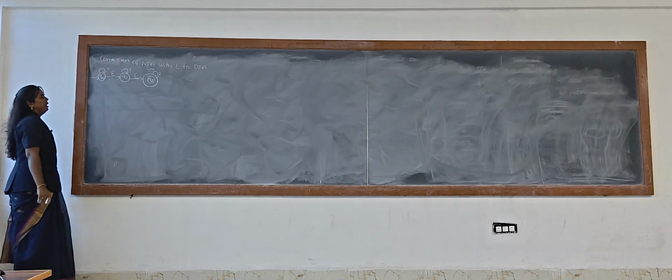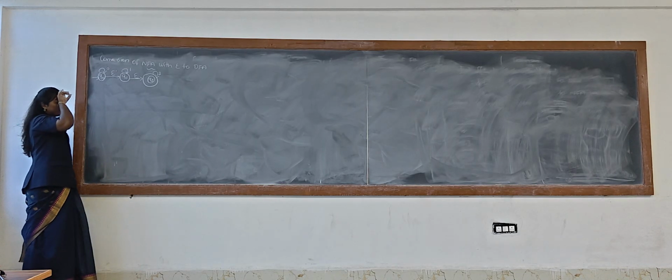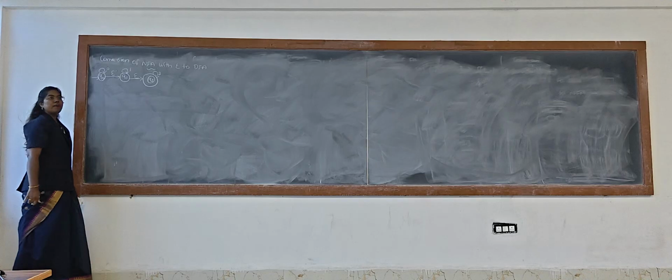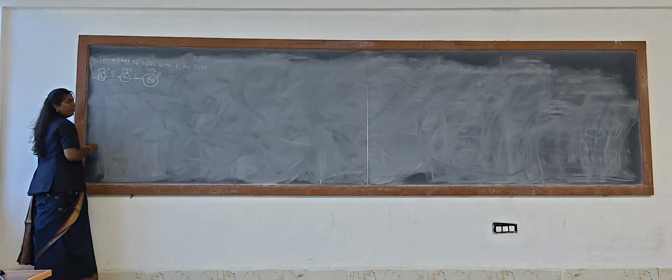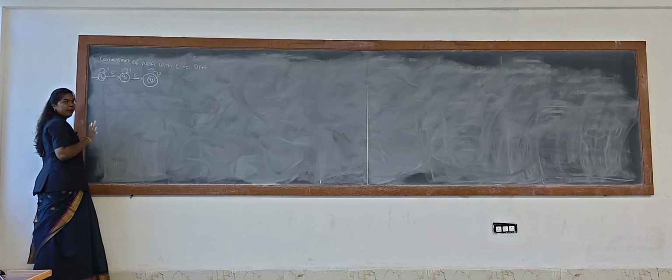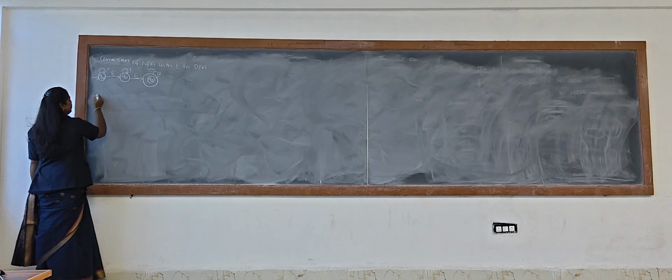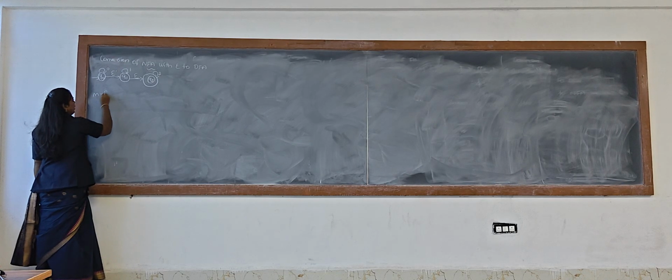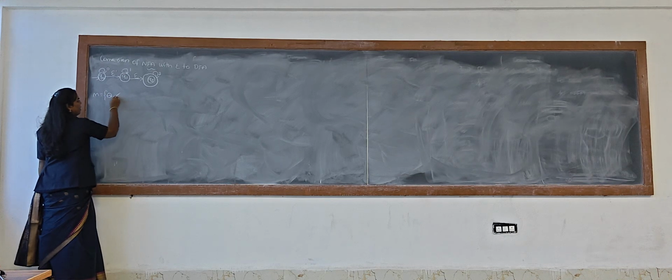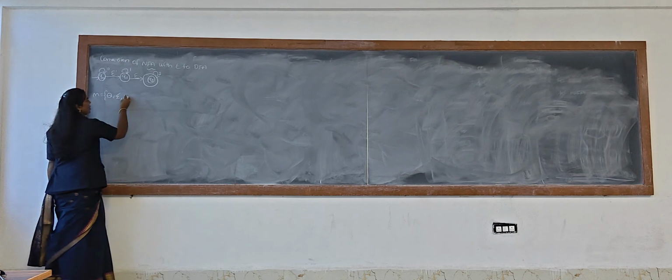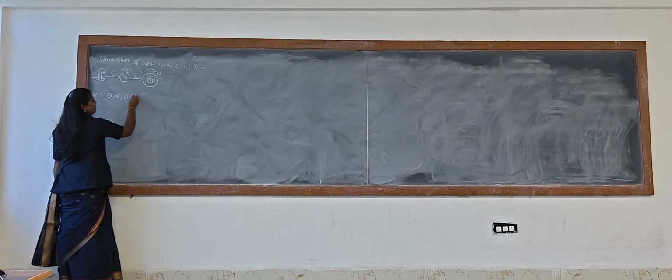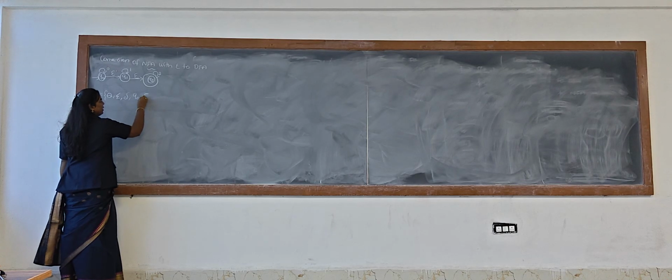Diagram, first we have to check whether this is a finite automata or not. Okay, so finite automata means it should satisfy 5 tuples, right? So the 5 tuples are M equal to Q comma sigma comma delta comma q naught comma F. So these are the 5 tuples, right?